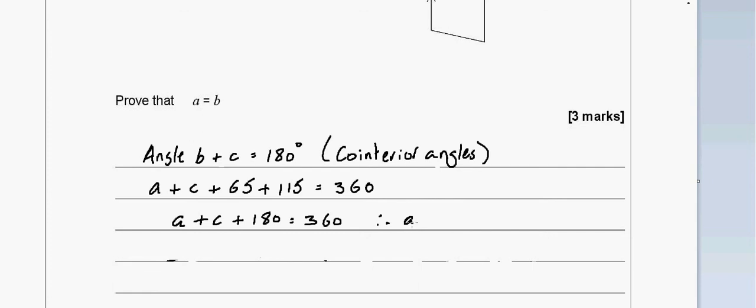Therefore A plus C equals 360 minus 180. Therefore A plus C equals 180.